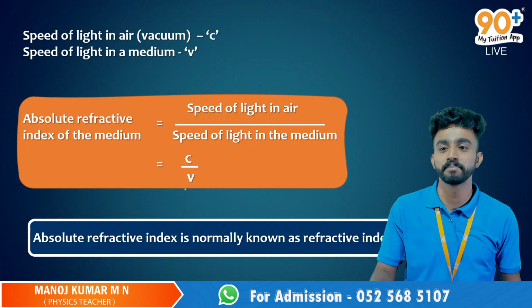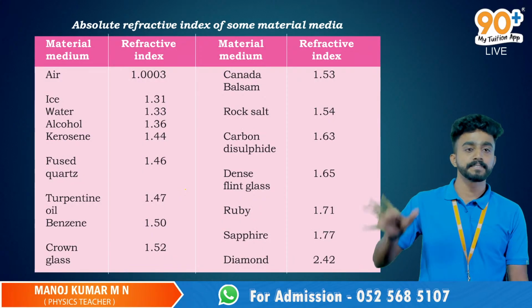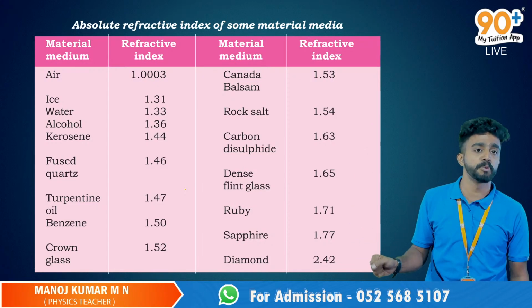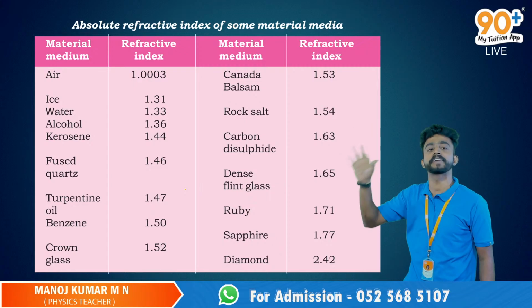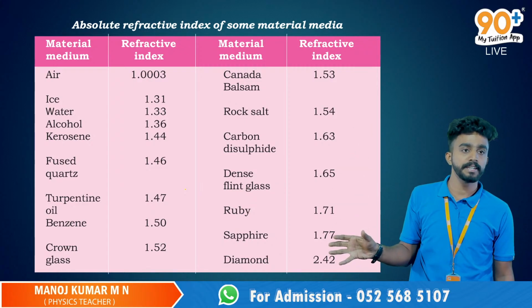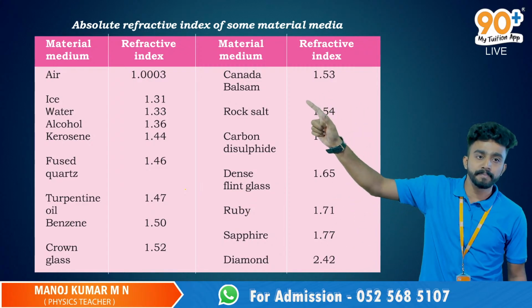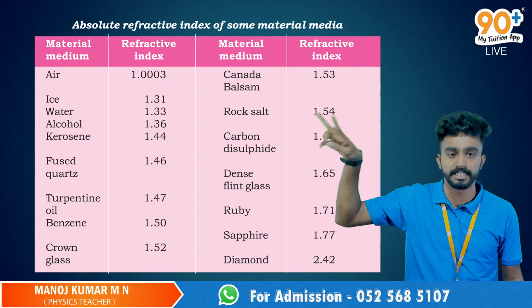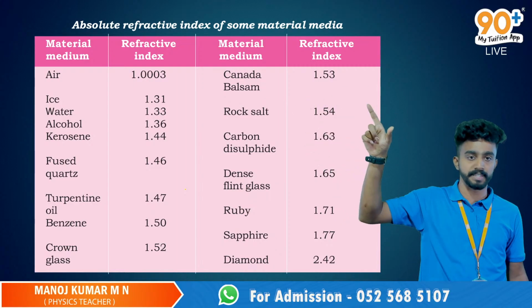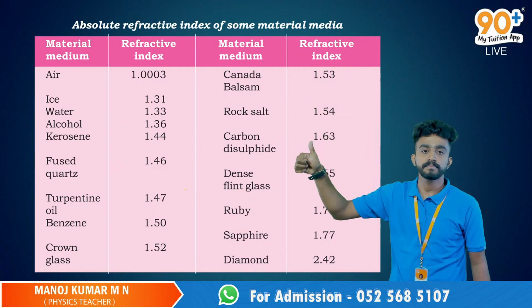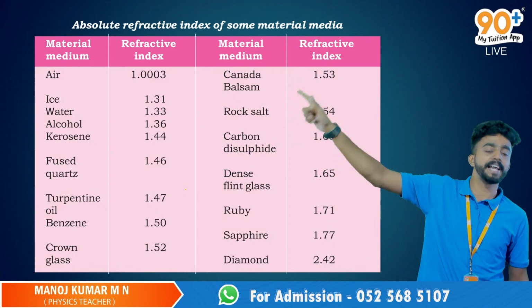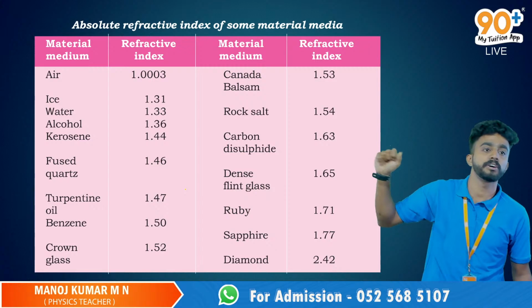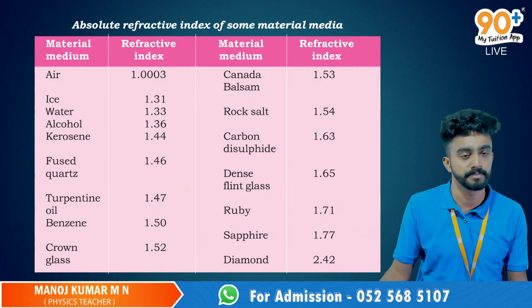Some of you are sharing emojis in the chat box. So guys, over here, this is the table which is already given there in your textbook, where the absolute refractive index of different materials is given. Got it? So, what are the medium which we are considering? What are the material medium? So, two material mediums which we are considering. So, what is the refractive index of it? So, that is shared. Got it? Refractive index of air, refractive index of ice, rock salt, all those things is given over here.